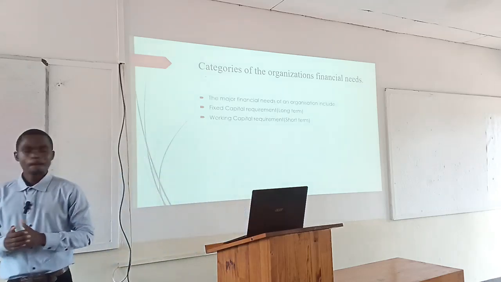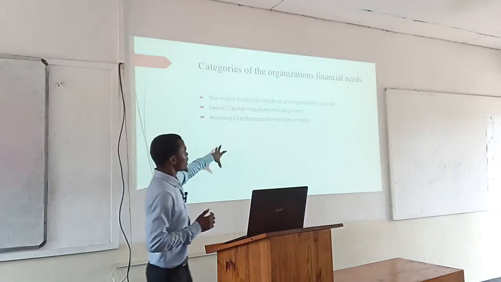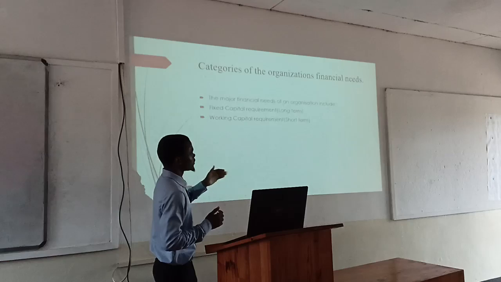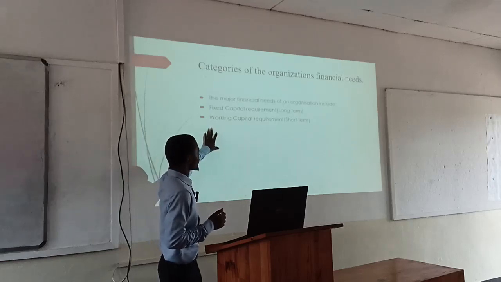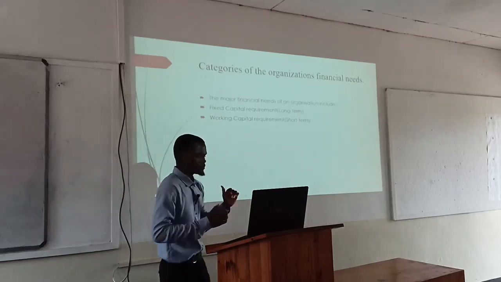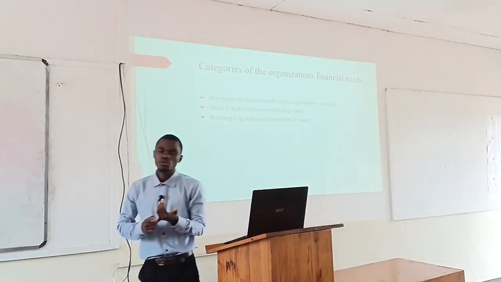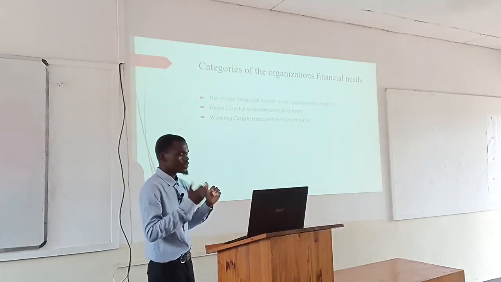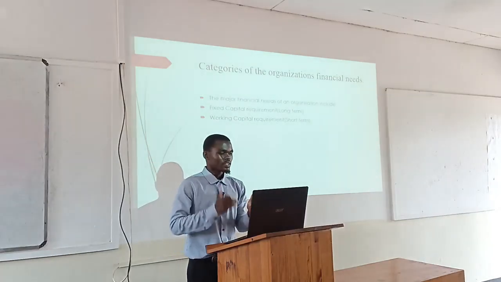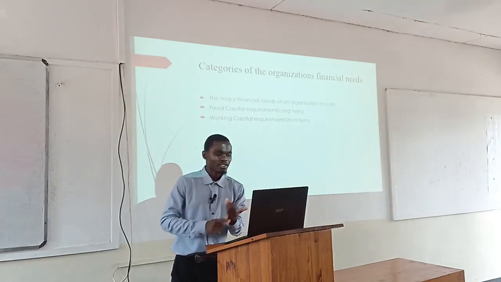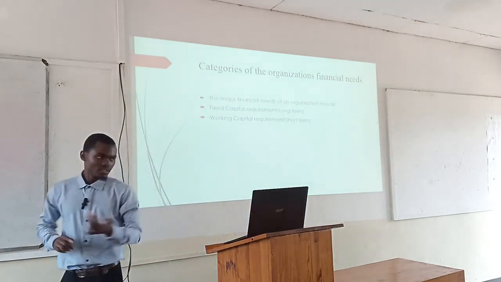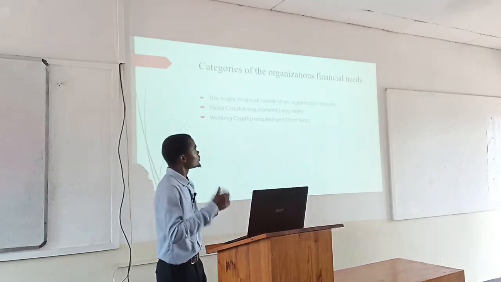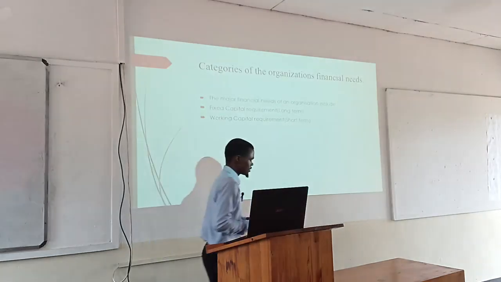We also have two categories of organizations' financial needs. By looking at these two categories, we are looking at how organizations use these finances. The first category is that organizations use finances to promote their long-term investments.